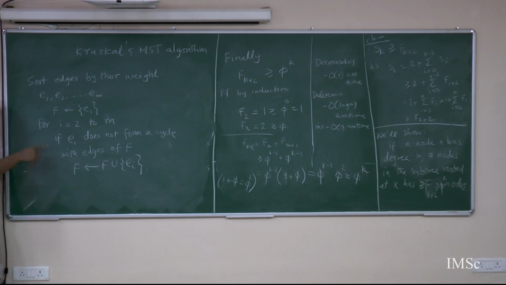Just look at the edges in increasing order of their weights. Take the next edge. As long as it does not form a cycle with whatever I've collected, add it to my collection.